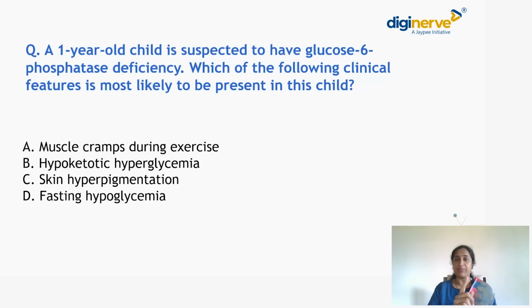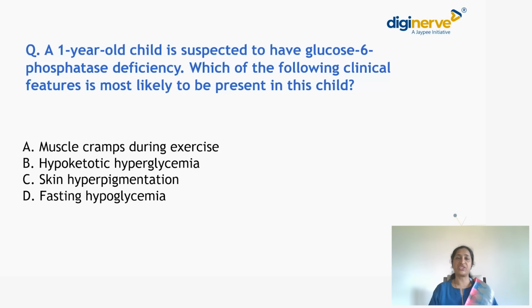Here they do have hypoglycemia intermittently because they are not able to metabolize the fatty acids. There you have this hypoketotic hyperglycinemia, not hyperglycemia. That is fatty acid oxidation, not glucose 6-phosphatase deficiency. So obviously this is totally different. Fatty acid oxidation defects are a totally different chapter. Your glucose 6-phosphatase is the glucose metabolism chapter. So B is not the answer.